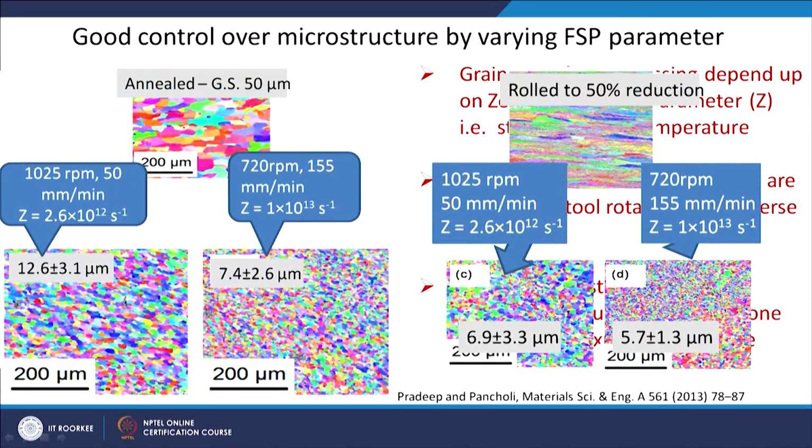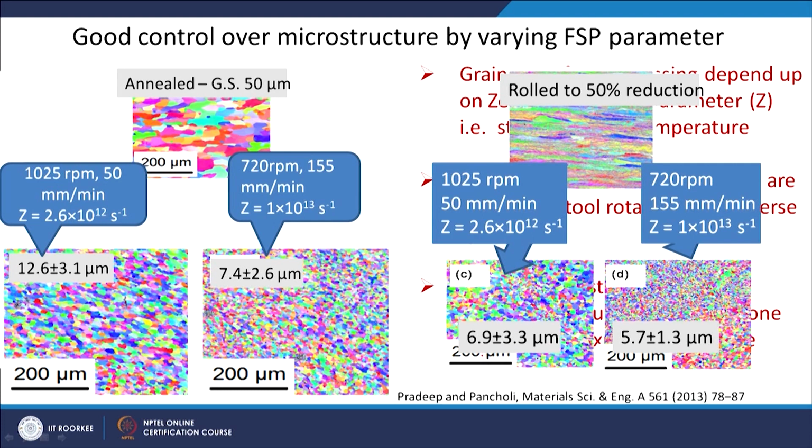This is the effect of the starting material. Instead of an annealed material, we took a rolled material, with rolling done up to 50% reduction. So some amount of cold rolling was already done, and some dislocations were already introduced in the material. When we process this material at the same conditions as the annealed material, the grain size refinement is even better.